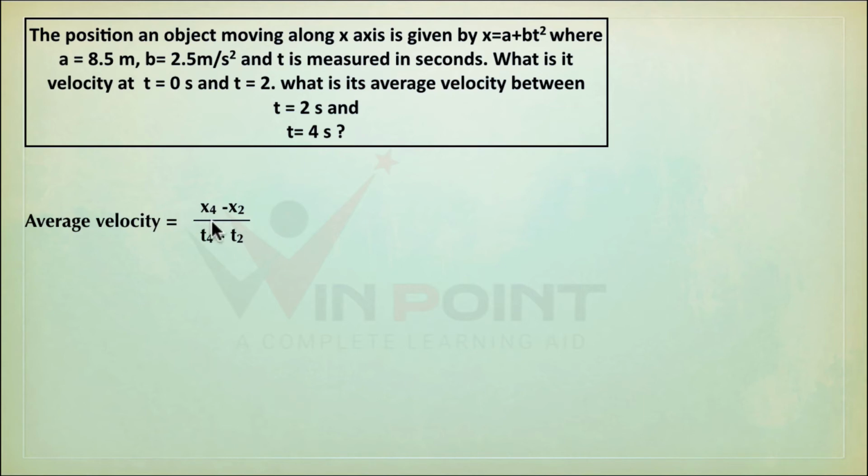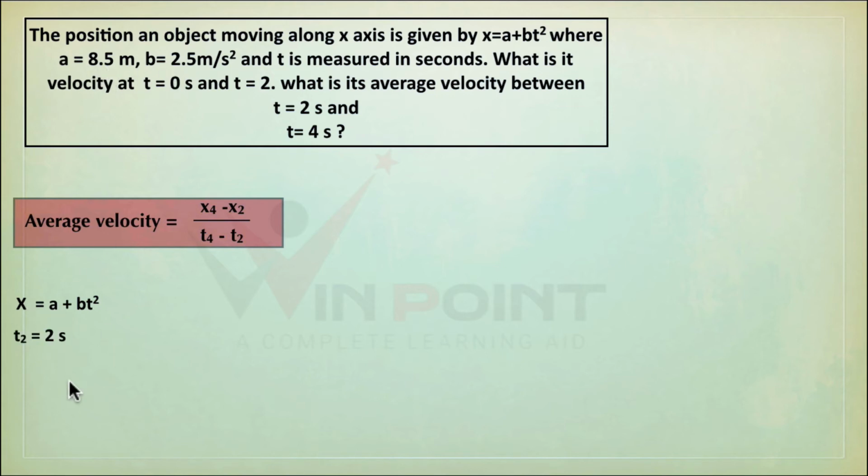Okay, first we are finding x2. First we are writing the equation for x, which is given in the question: x equal to a plus bt square. And what is the value of a? A is 8.5, right? First we are going to consider the time t2 equal to 2 second, and a is equal to 8.5, and b equal to 2.5 meter per second square, which are given in the question.